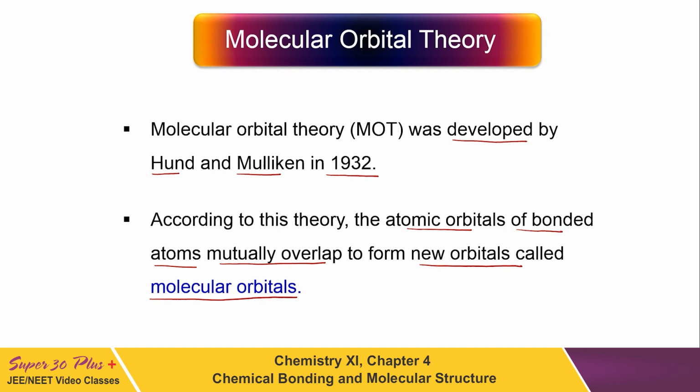In the valence bond theory, we just say that in bond formation there is a role of the outer shell only, meaning only the electrons of the valence shell participate. But here in MOT, all the orbitals participate mutually to form the molecular orbitals. It is very much different than VBT.